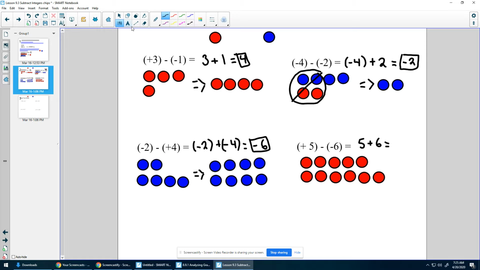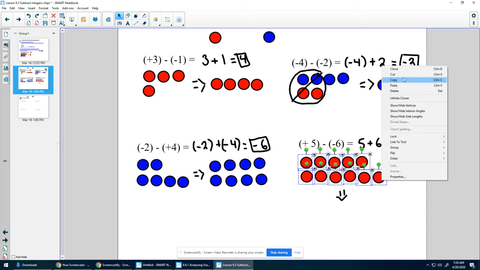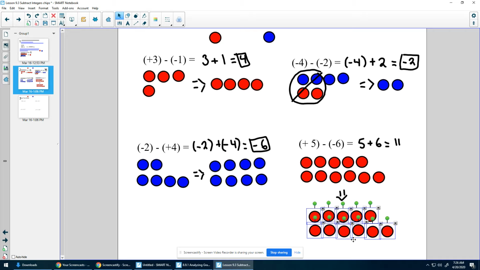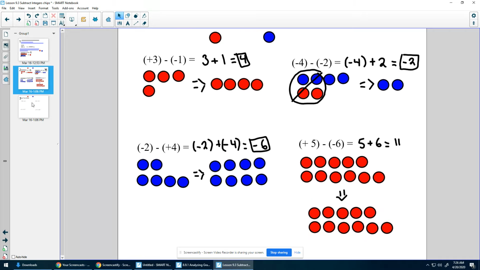And that's going to equal 11. I'm just going to do a shortcut here. Nice. All right.